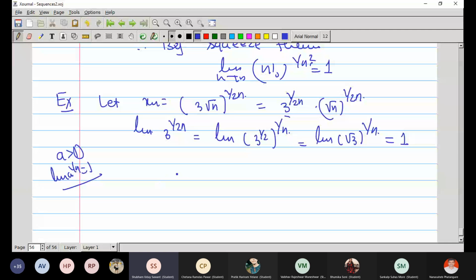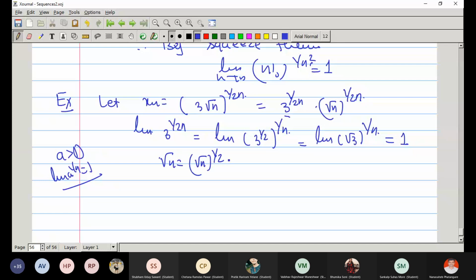We can write root n as n raised to 1 by 2. Root n raised to 1 by 2, right? So root n is equal to n raised to 1 by 2.